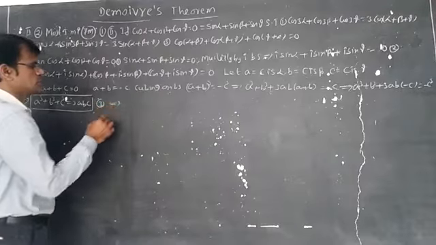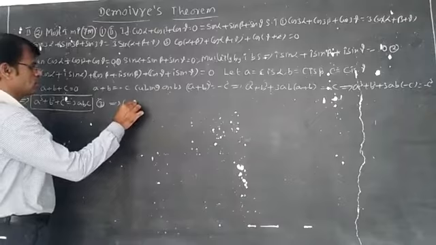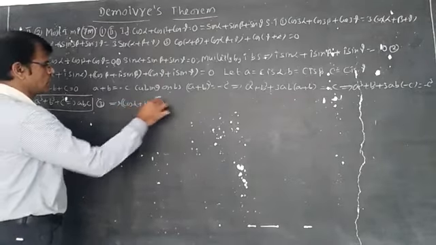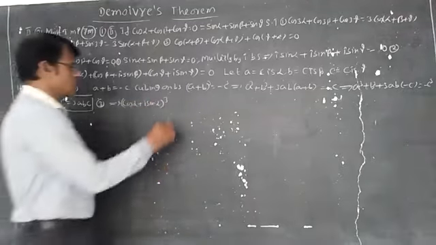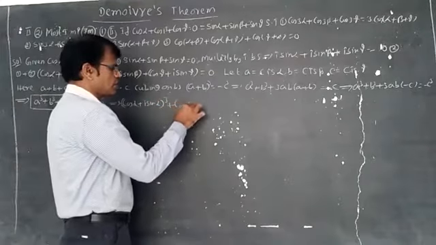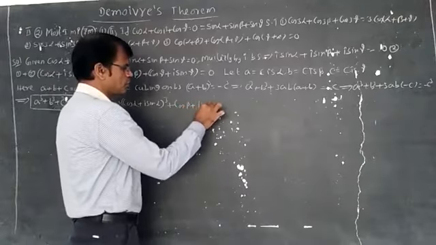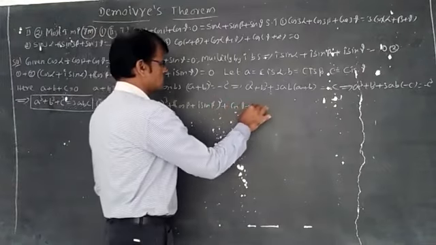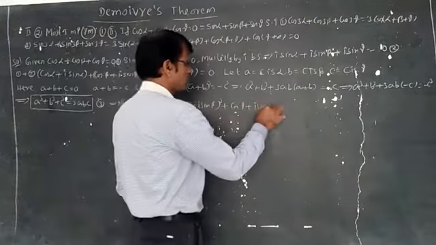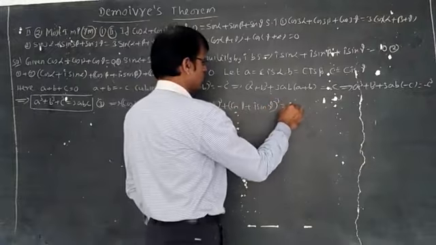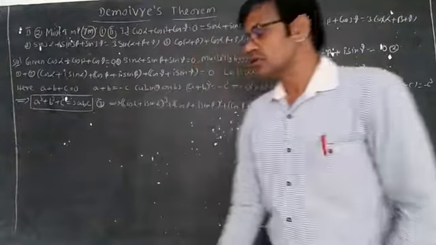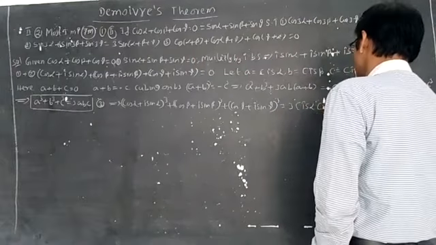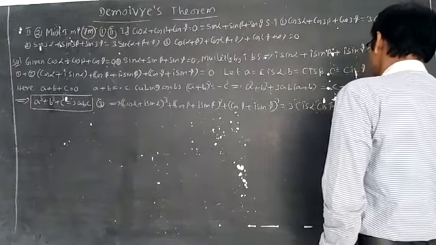That implies, substitute the values here: cos alpha plus i sin alpha whole cube plus cos beta plus i sin beta whole cube plus cos gamma plus i sin gamma whole cube is equal to 3 into ABC. ABC you can write here as cis alpha into cis beta into cis gamma.